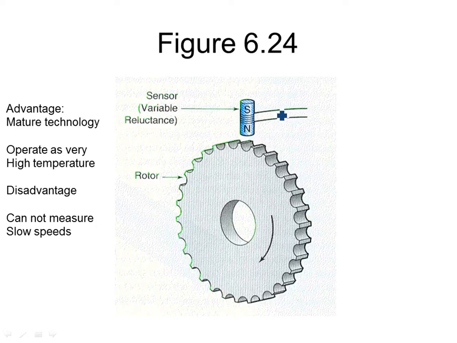The problem we have is that it has problems with extremely slow speeds. But this technology operates at very high temperatures. We can operate these things in harsh environments. It just has problems picking up extremely slow speed.